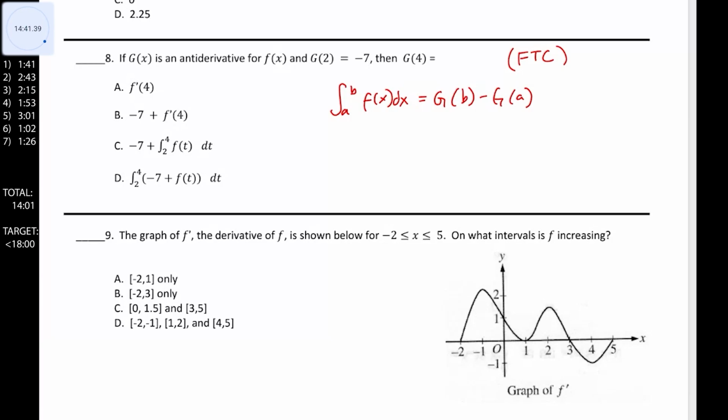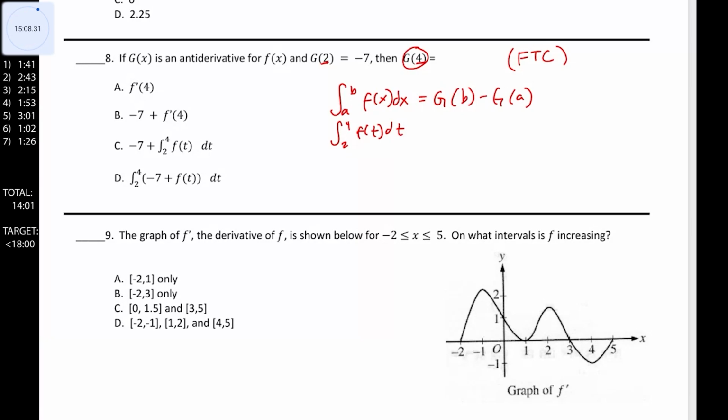So if we're trying to find G of 4, basically what we're going to do is use 4 and 2 as our limits of the integral, our A and our B, and then fill in the numbers as we have them. So the integral from 2 to 4 of f of t dt. It doesn't really matter x versus t, but I'm looking at the answer choices and they are in terms of t.